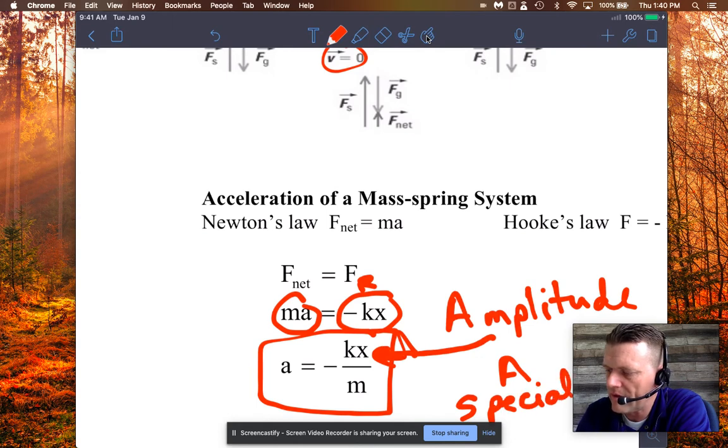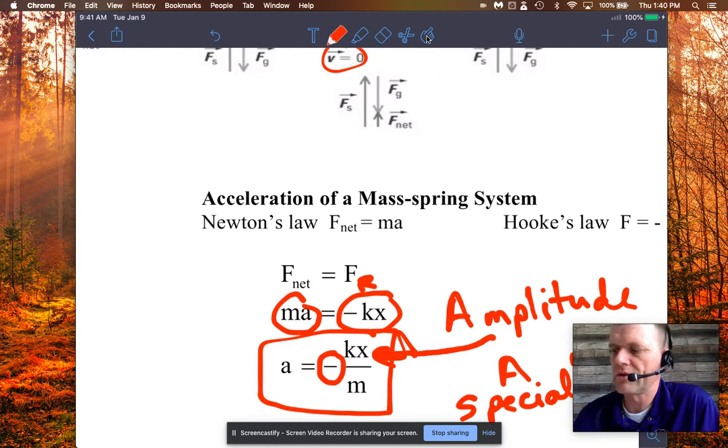I'm hoping that's starting to click. So amplitude is just a special x. But obviously, if x is positive or negative, it's going to change this value, and the acceleration would then be negative or positive in the reverse, right?